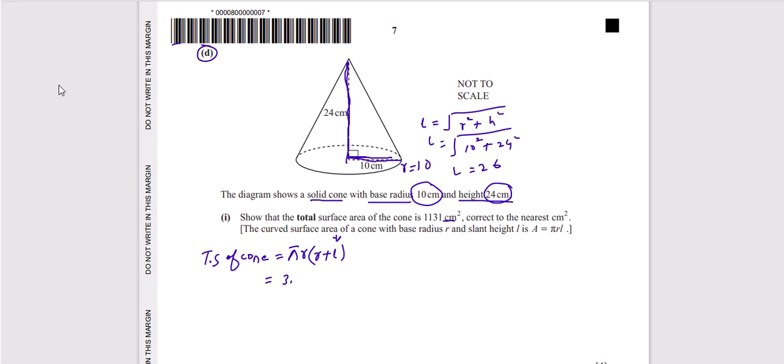Pi 3.14 multiply with r, r is 10, into 10 plus L is 26. Calculate these values, we get 1131.1 centimeter square, hence proved.